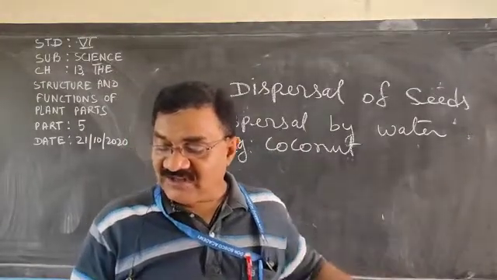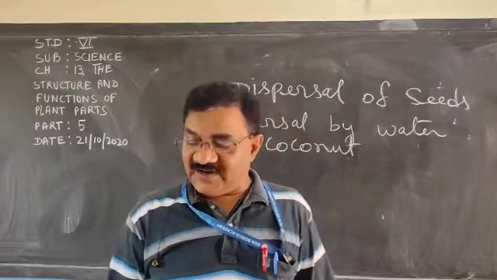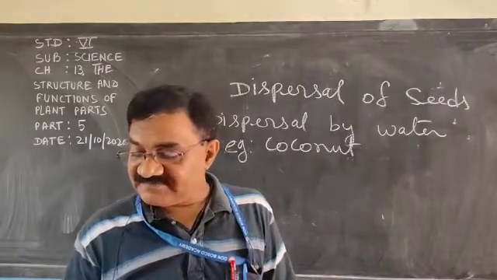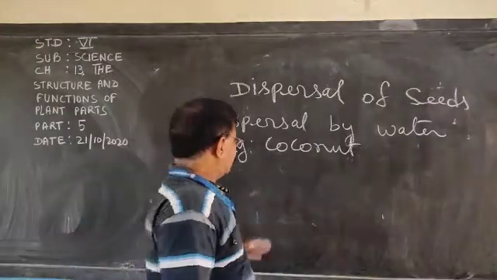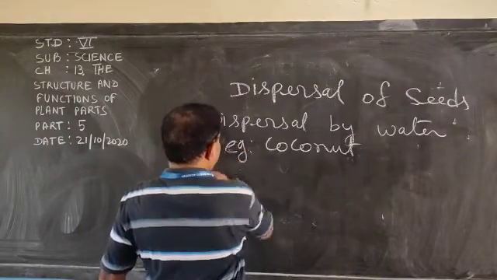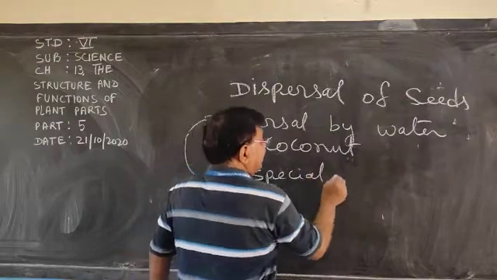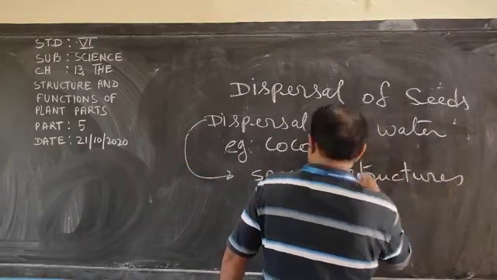When they fall into the river, stream or ocean, they grow on the side of the water body and the seeds are carried by water. These seeds have special structures so that they can float.